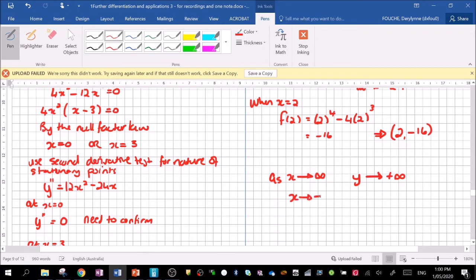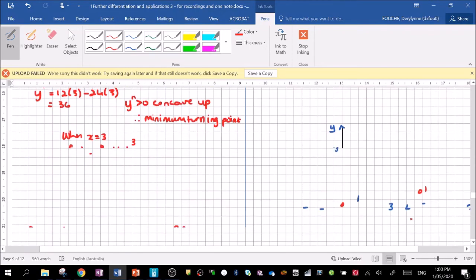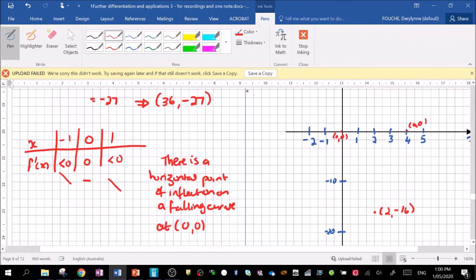And as x tends towards negative infinity, I'm going to have a big negative number to the power of 4, which will be a big positive number, subtracting another big negative number to the power of 3, which is a negative number. So I'm adding, and y will be tending to positive infinity. Okay, so that means that I'm expecting my graph to be going positive up here and positive up over here.